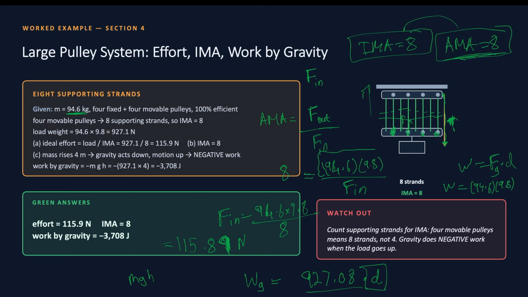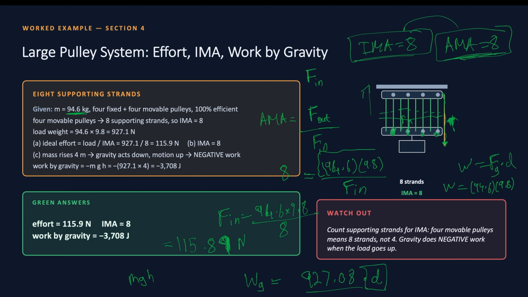So let's see, how much does it move up here? So the mass rises 4 meters, okay? If the mass rises 4 meters, which we can understand why it rises 4 meters, right? IMA is 8, and then AMA is also 8.